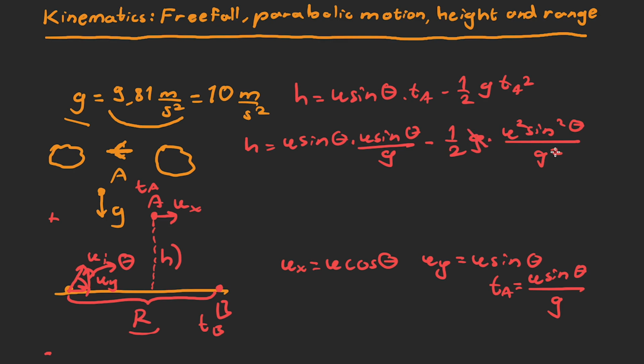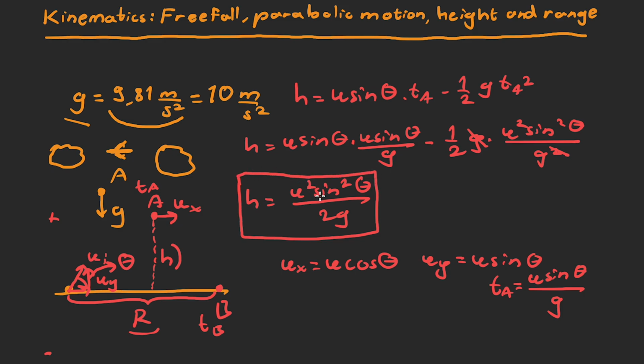We can say that these two values cancel each other out, and we end up with v squared sine squared theta divided by 2g. That's our h.